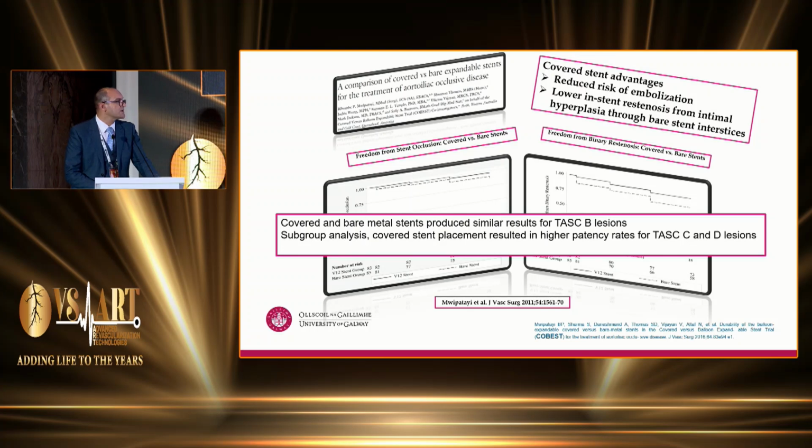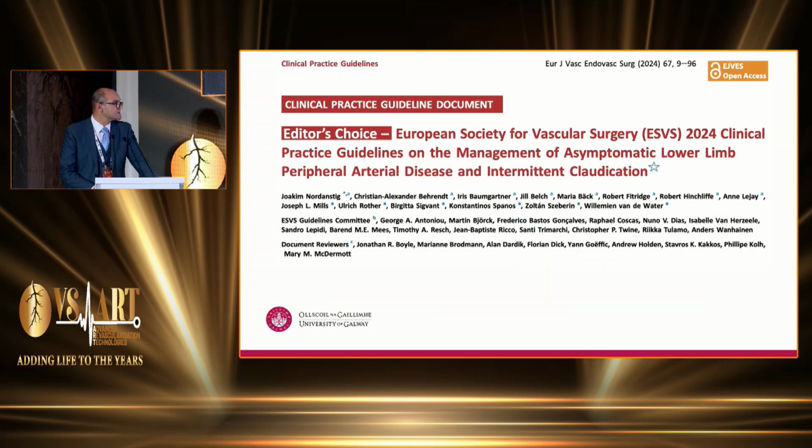However, once they looked at the subgroup analysis of the TASC C and D lesions, the covered stent placement resulted in higher patency rates. And there were slightly less favorable outcomes with the DISCOVER trial results.